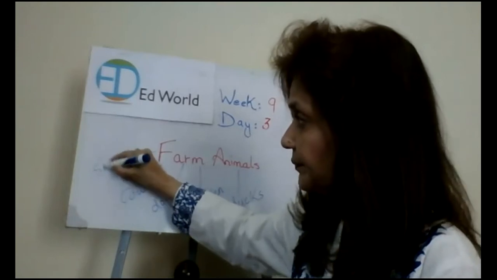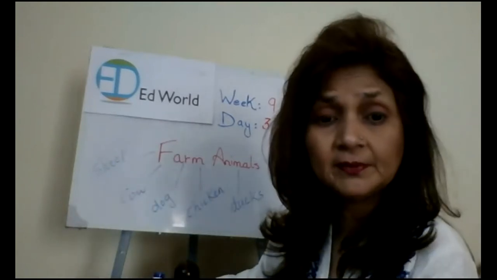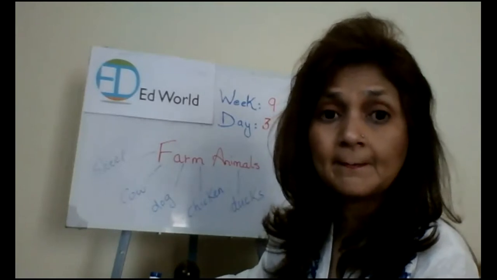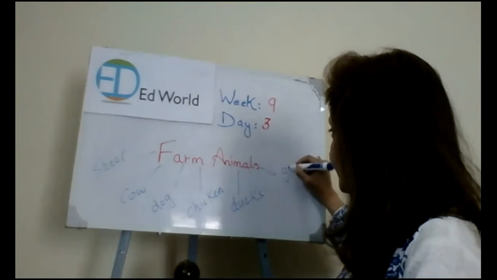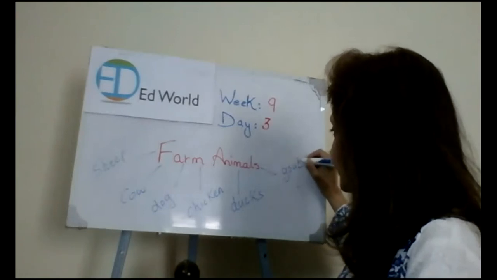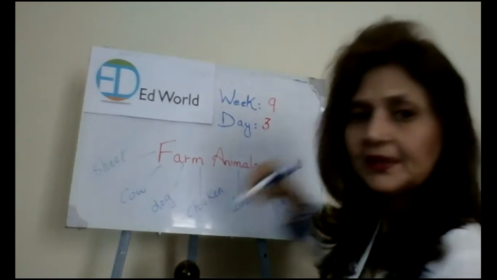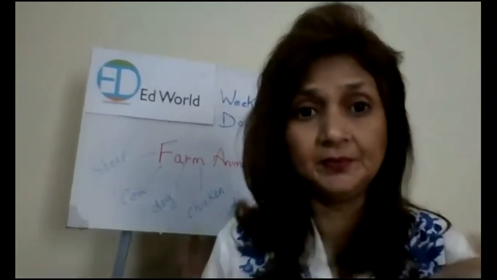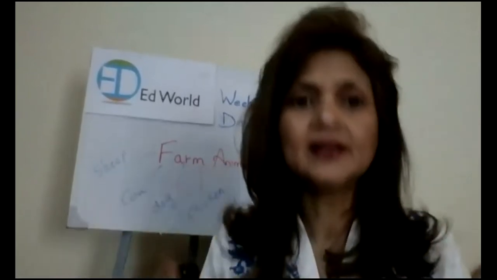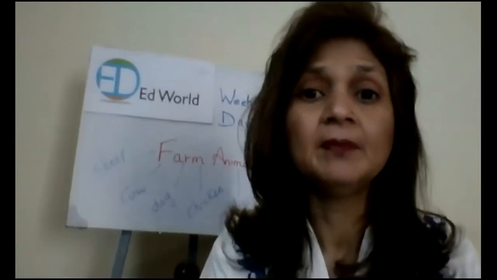Sheep. Very good. Any other farm animal that you remember? A goat. Pig. Right. So these are basically the farm animals that you have seen in the picture and you can recall them, right? And you know that these are the farm animals.